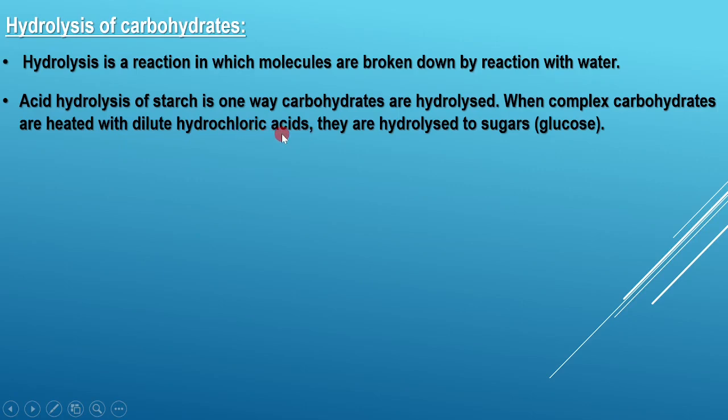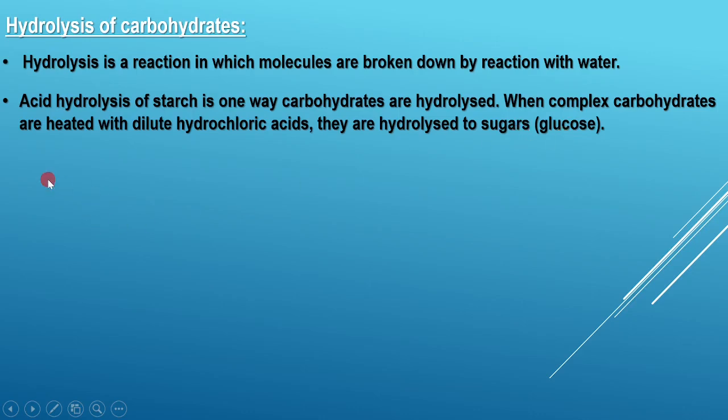we are saying when complex carbohydrates such as cellulose or starch are heated with dilute sulfuric or hydrochloric acid, they are hydrolyzed, meaning they are broken down into sugars or glucose, or they are broken down to their monomers.